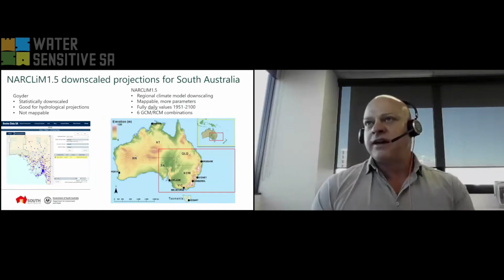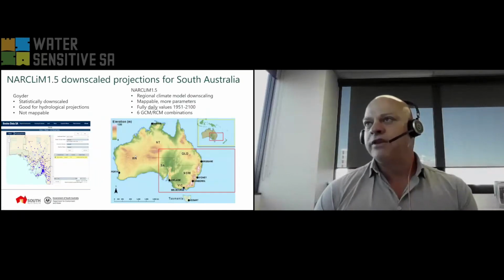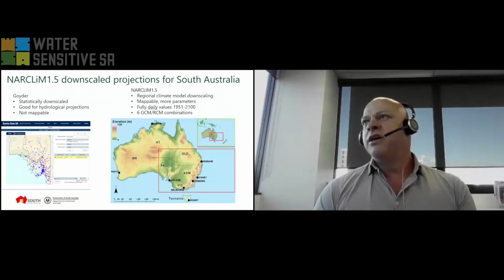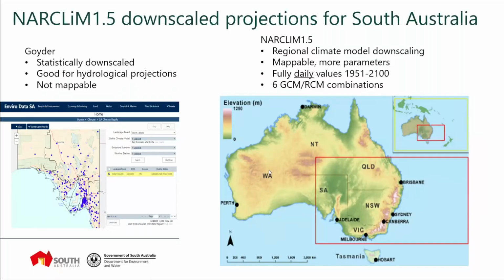So where does that leave us in terms of projections? The projections I'm working on are in the Department of Environment and Water. So in South Australia, we had the Goyder point-based statistical downscaled work.